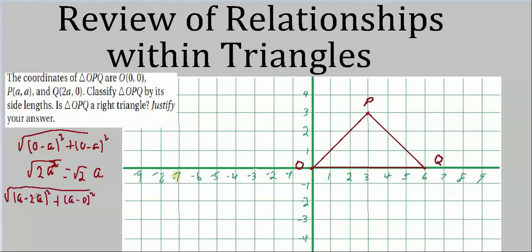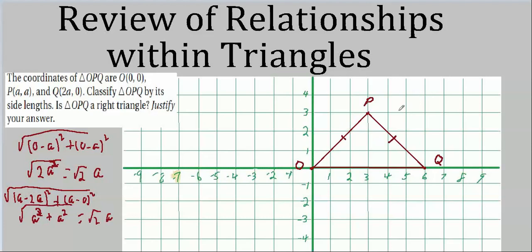And this is going to look just like A squared plus A squared. I don't suppose you'd be willing to take my word for it. That's a 2 there. But that's still just going to be the square root of 2 times A. Same as up here, 2A squared. So, we know that these two distances are congruent. That makes them isosceles.